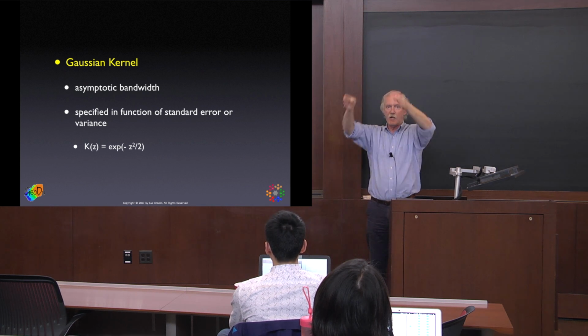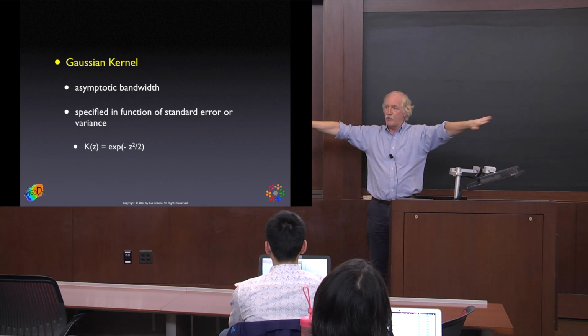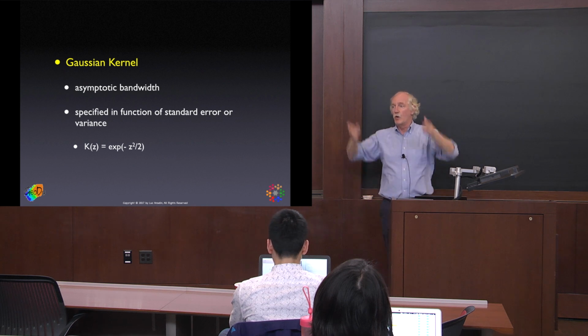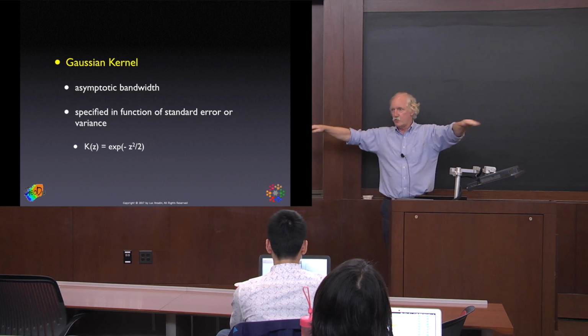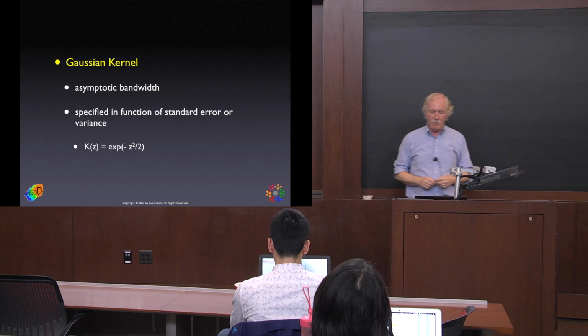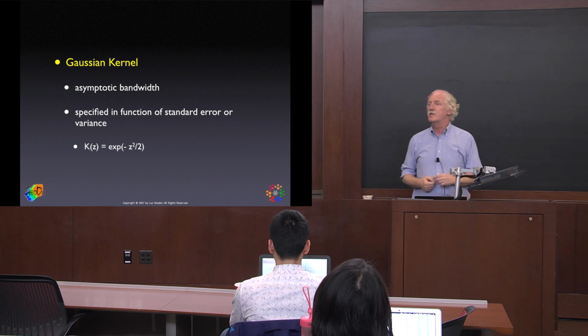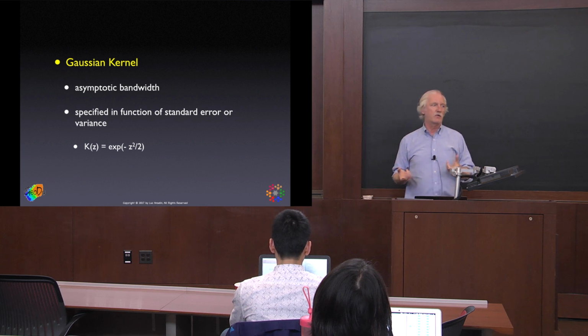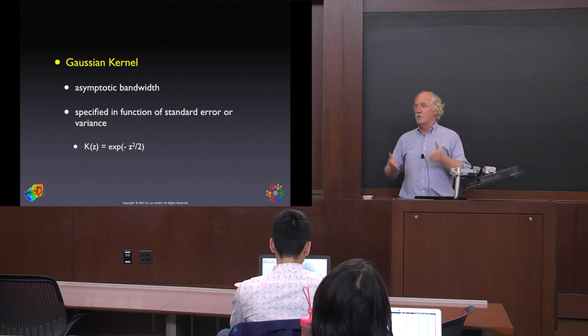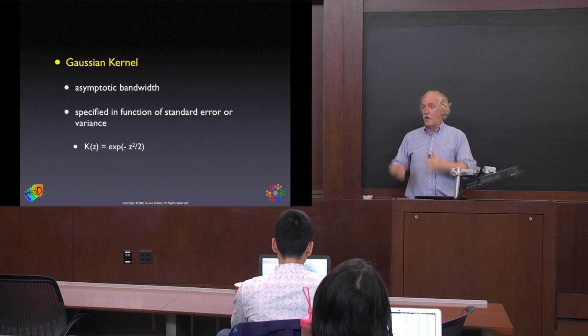A Gaussian one is a bell shape, so in principle it keeps going, although obviously the weights you're giving to points that are far away become very small. So the concept of a bandwidth doesn't really exist for a Gaussian kernel because it never goes to zero, right? A triangular goes to zero, and that's the bandwidth.